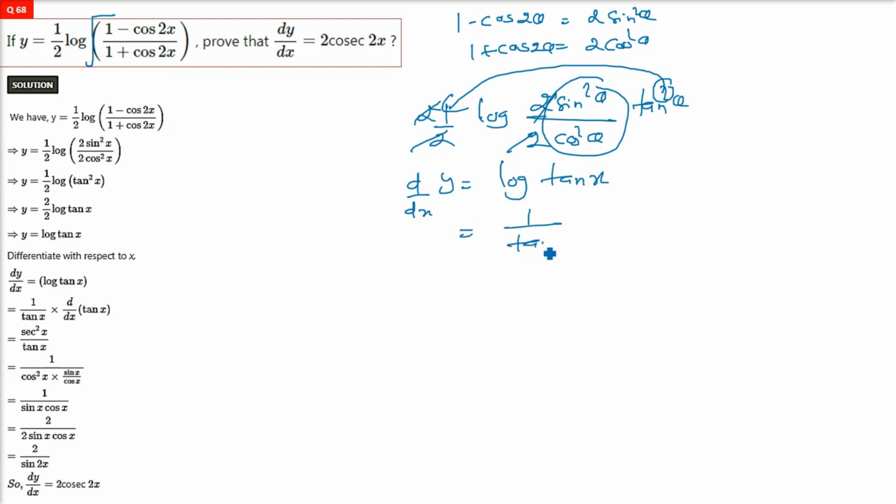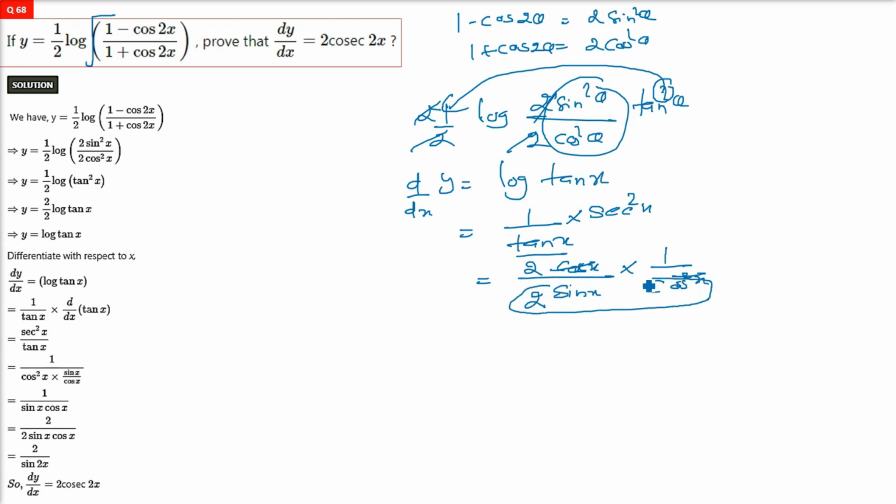Derivative of log x is 1 by that thing. So 1 by tan x times sec square x. Now sec square x and tan x we can write in terms of sin cos. Tan x is sin x by cos x. Cos goes up. And this sec square is 1 by cos square x. This cos gets cancelled. 1 by sin x cos x. Twice in the denominator, twice in the numerator.